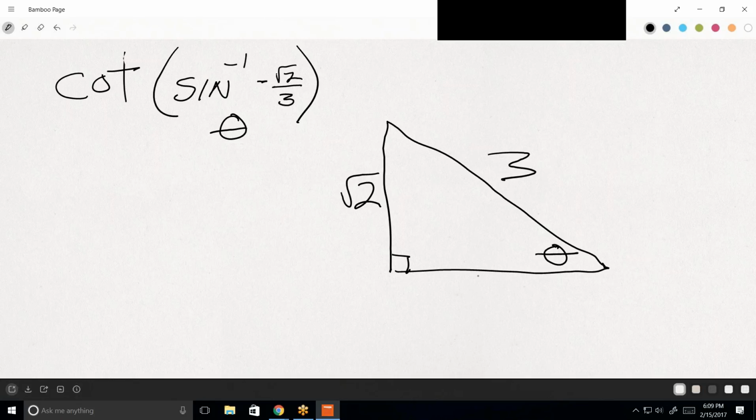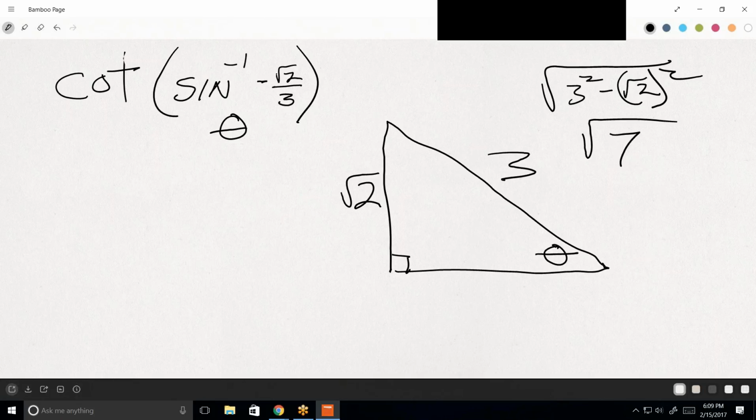Which makes this square root. You want to get good, you want to get fast at these. When you're solving for the short side of a right triangle and you know the other two sides, the short side is the square root of the hypotenuse squared minus the other side squared. Well, that's the square root of 7.